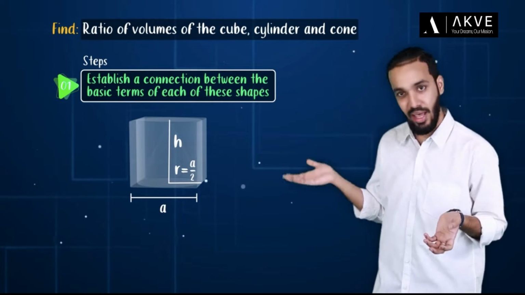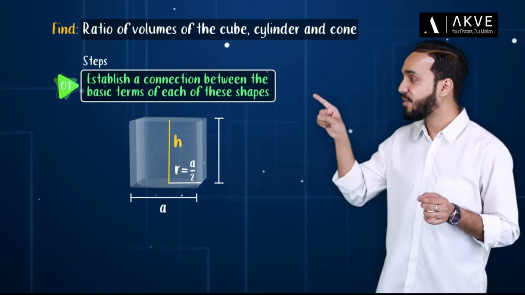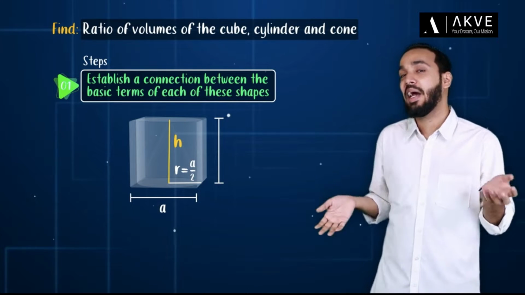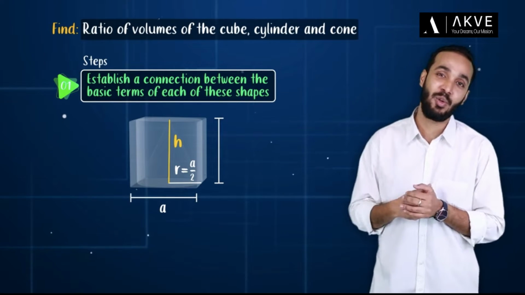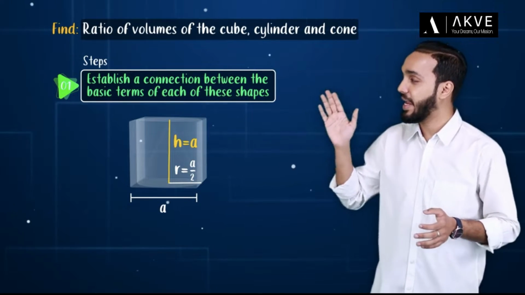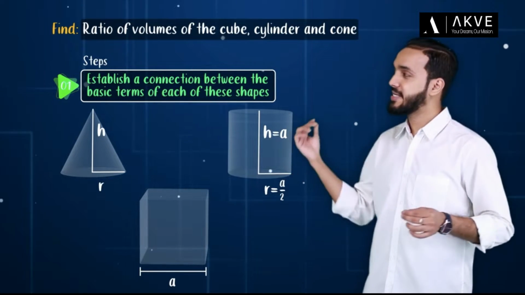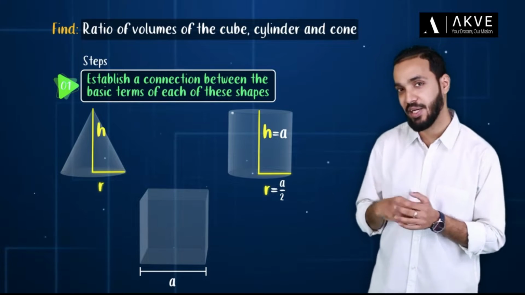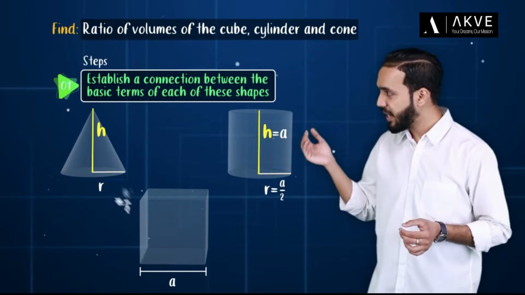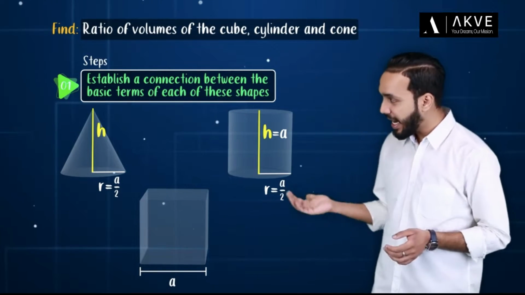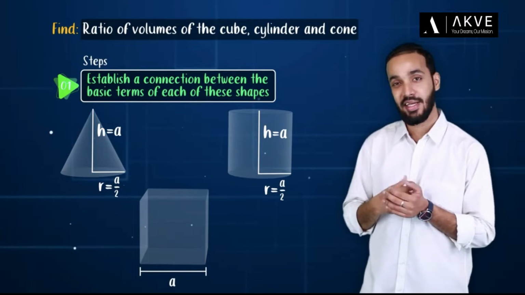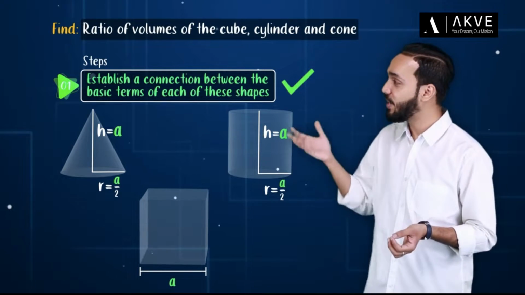It is also evident that the height of this cylinder is the same as the edge length of the cube, which is of course A units. Now, because the cone has the same radius and height as the cylinder, its radius is A by 2 units and its height is A units. See, you have all you need.